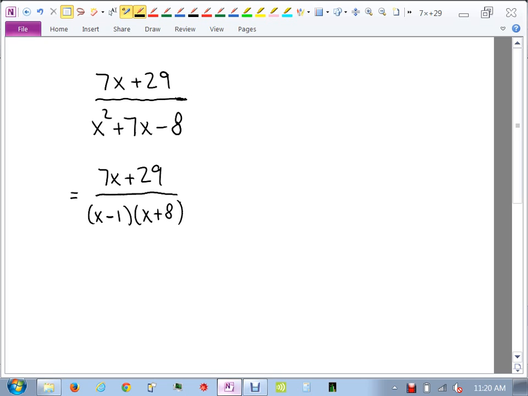Once you have factored it into these two linear factors, x minus 1 and x plus 8, each one linear, then what we do is we say to ourselves, I know that this must be equal to one of those linear factors underneath something plus the other linear factor.